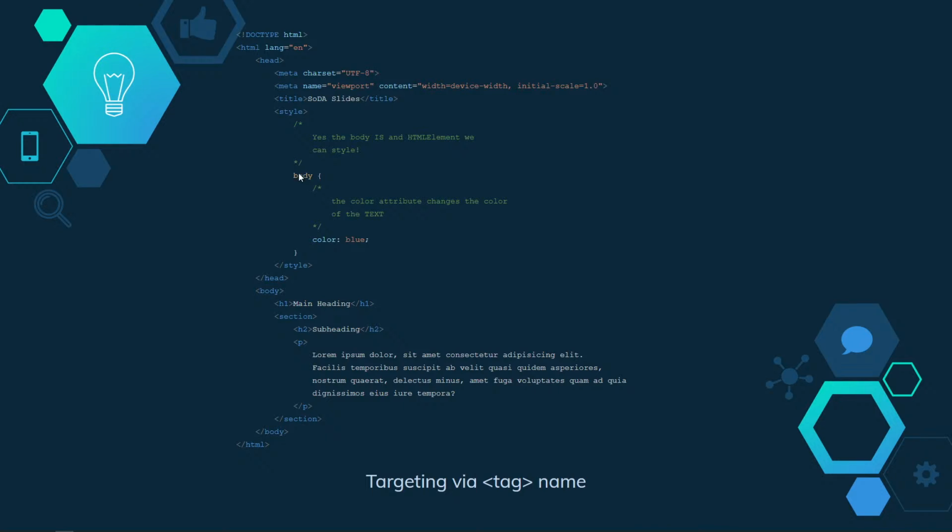So here we're targeting the body tag. That's this tag. We're going to target it by doing it this way. And then it almost looks like a JSON object, right? It's very similar. You have the curly braces there, and you have a key value pair. The keys are going to be the things that you can actually style. For example, color.